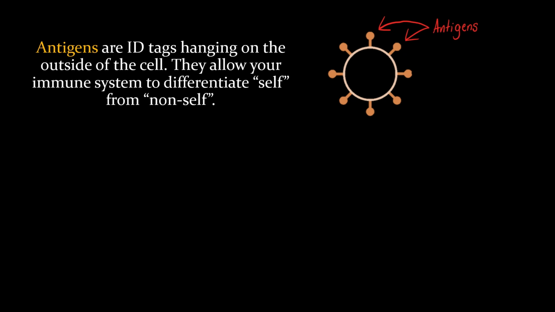So you may have learned the definition in some other class that an antigen is a foreign particle that causes an immune response. And that's not exactly wrong, but it is important to recognize that you have antigens too.